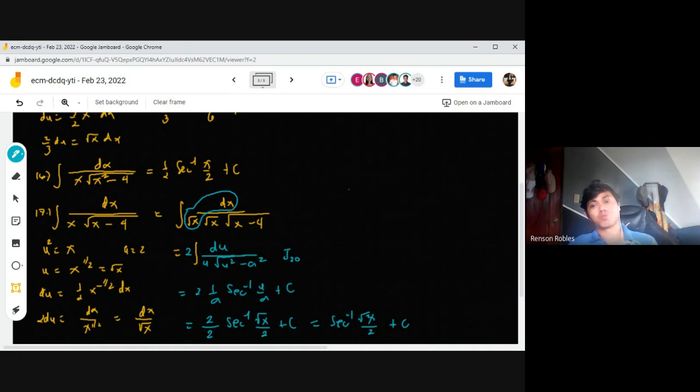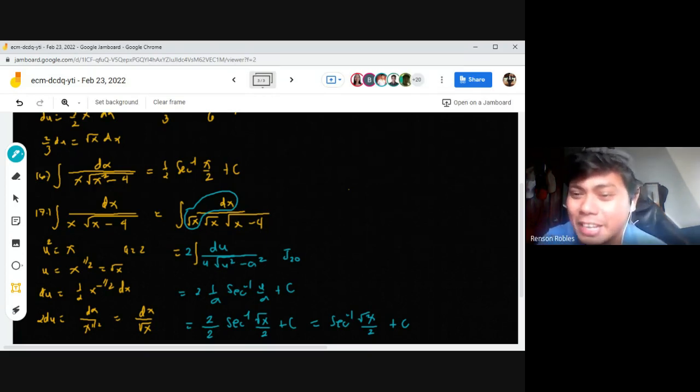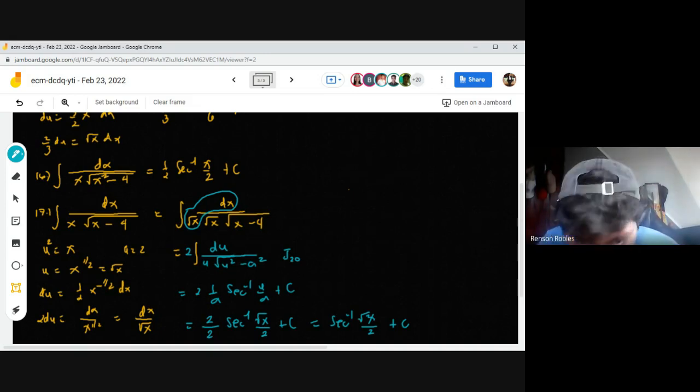Hello? Wala pa pala tayo diyang wala pa tayong definite integral. Mamaya ko nalalagyan.